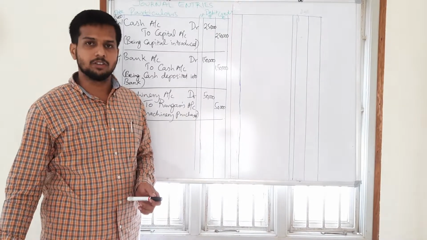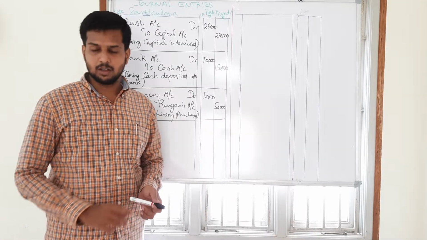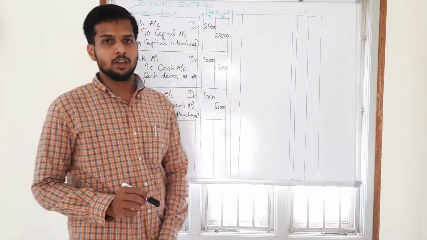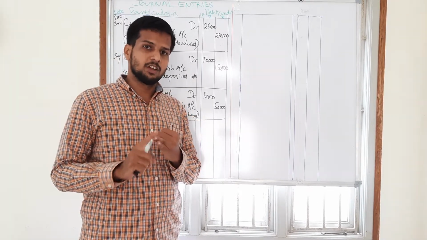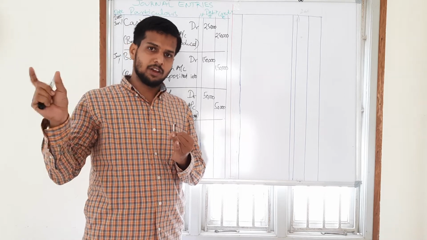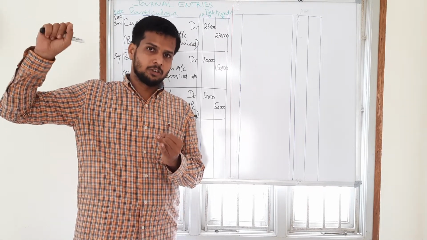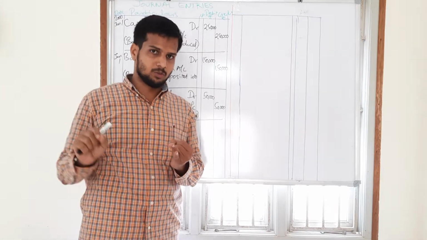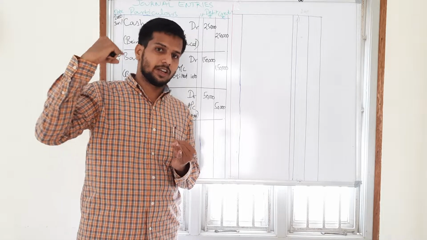Bought furniture from Ramesh for cash. So here the next thing to be noted is when we are buying or purchasing for cash, if the transaction has the name of the person, the name of the person is not affected, so we have to ignore that. The name of the person has to be ignored when the transactions are in cash.